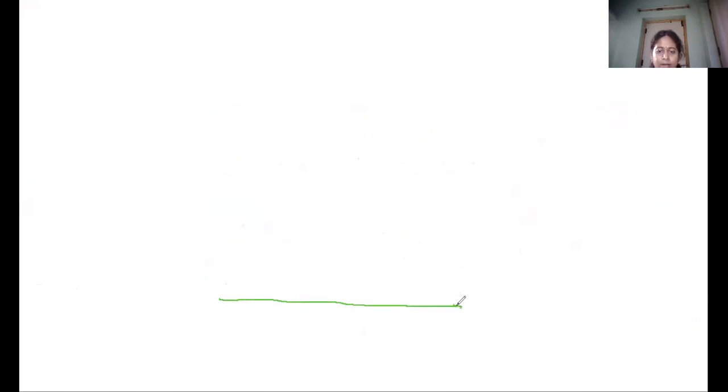Here I is the reference vector and VR is the receiving end voltage, and this is the Vs value.